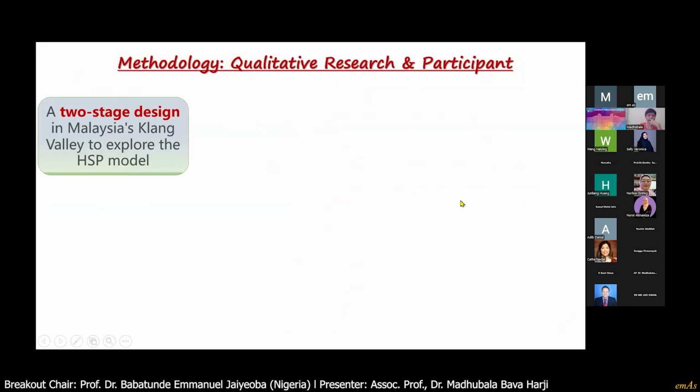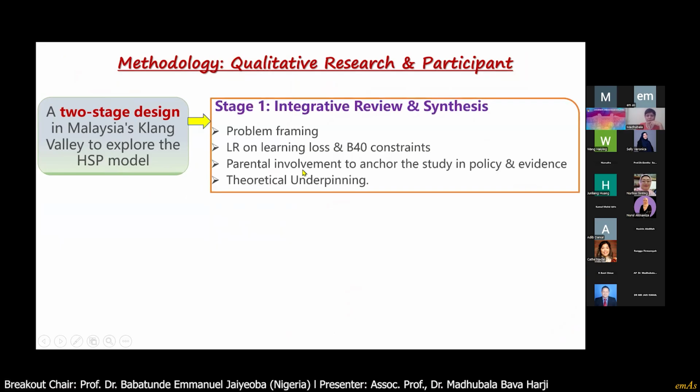So, the methodology that we adopted is a two-stage design conducted in Malaysia's Klang Valley to develop this model. So the first stage is where we looked at the integrative review of the literature, framing the problem, looking at the literature review on learning loss and the B40 constraints, and we looked at parental involvement to anchor the study in terms of policy and evidence.